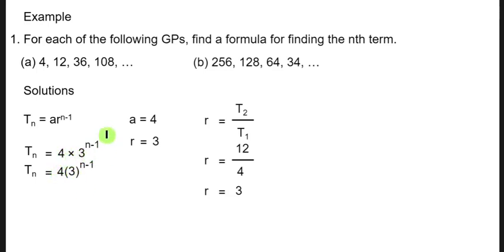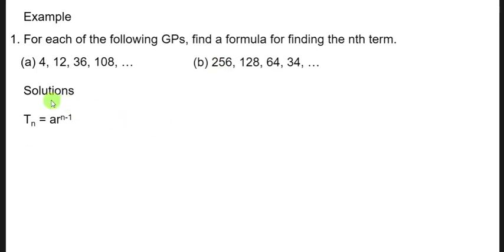So let's look at number 2 again. We are going to use the formula for finding the nth term here. Again, we should determine what A is. A is the first term, which is 256 here. Then we are supposed to find the R again. R is equal to the second term over the first term.